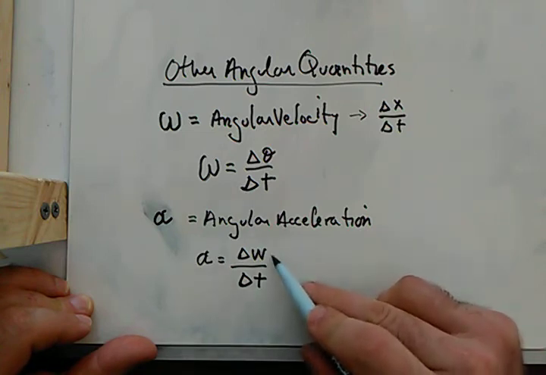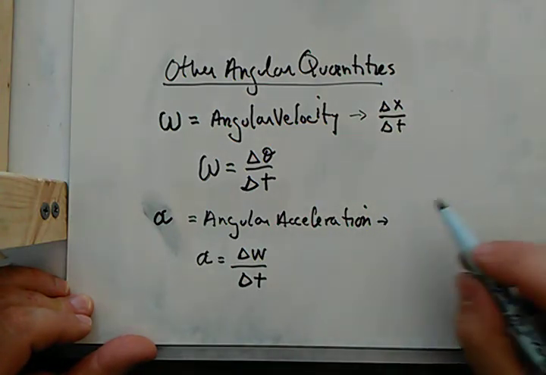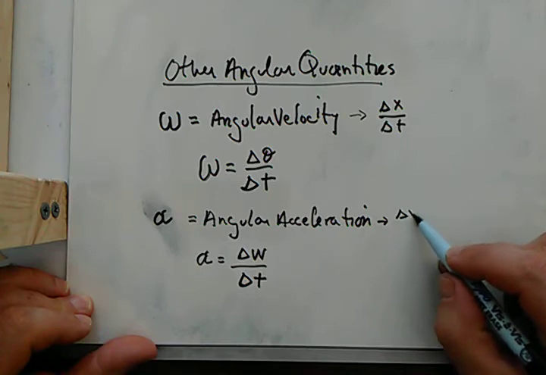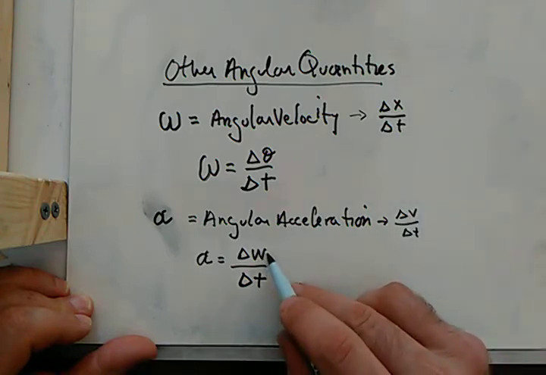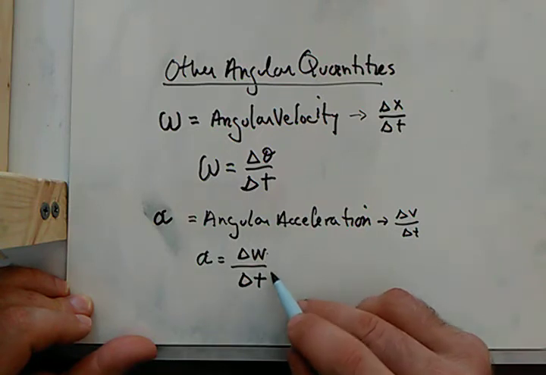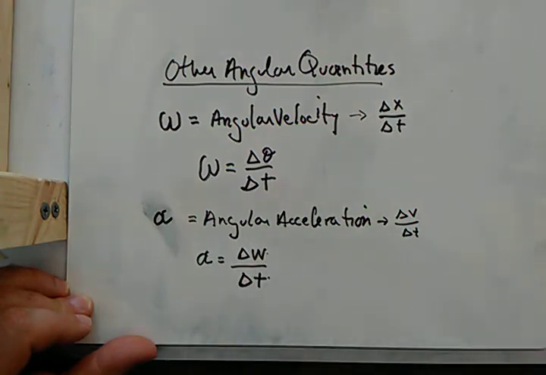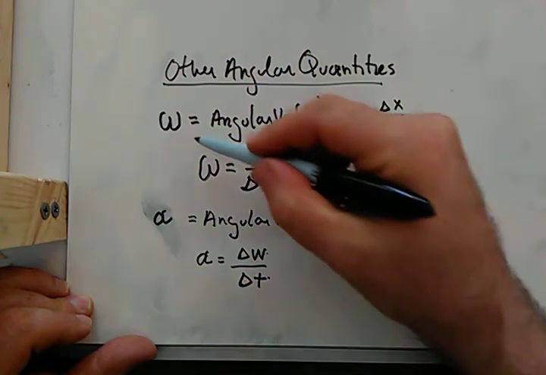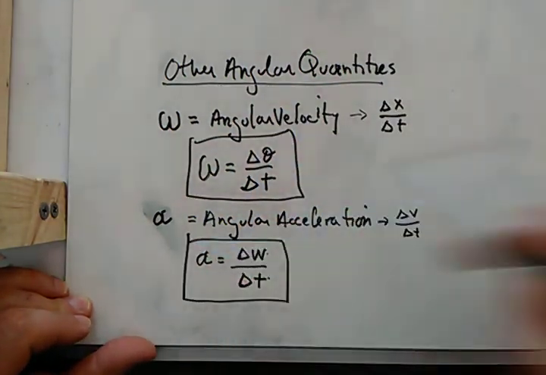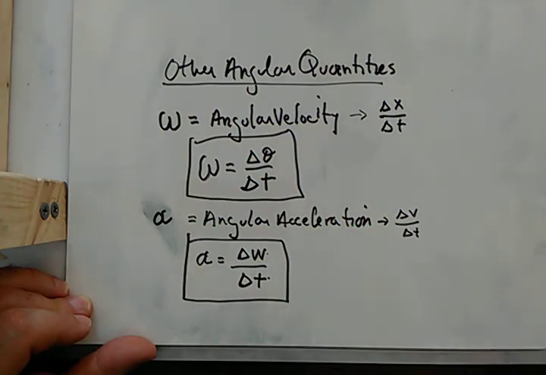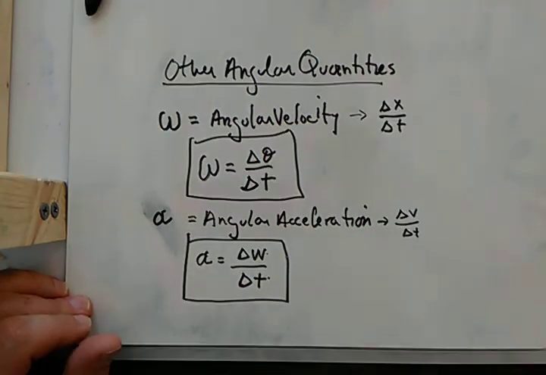Linearly it was the change in velocity over the change in time, but now it's the angular velocity over the time. So there are some tools for your toolbox. I'll make those a little larger so you can see them, and put a box around them.